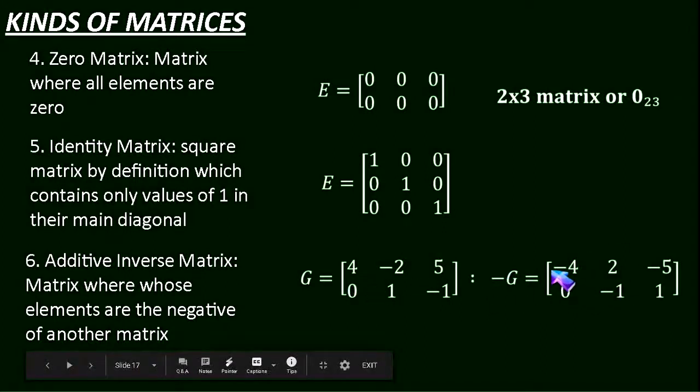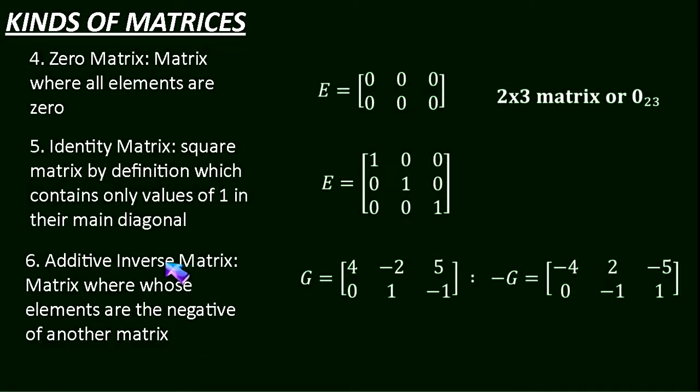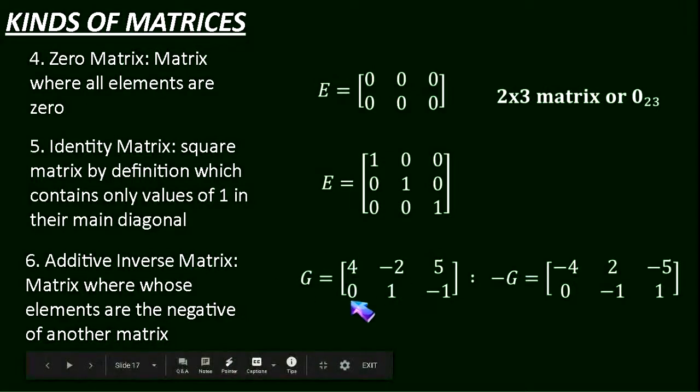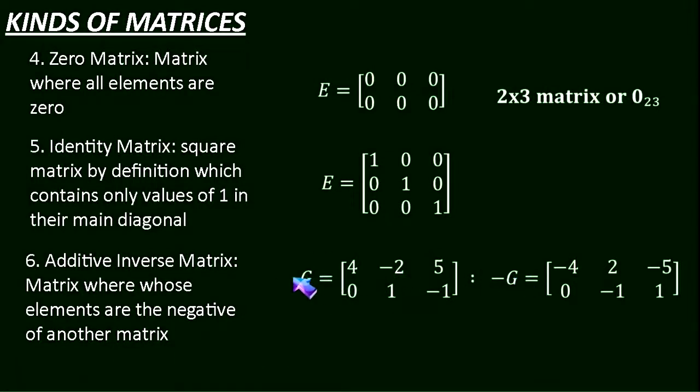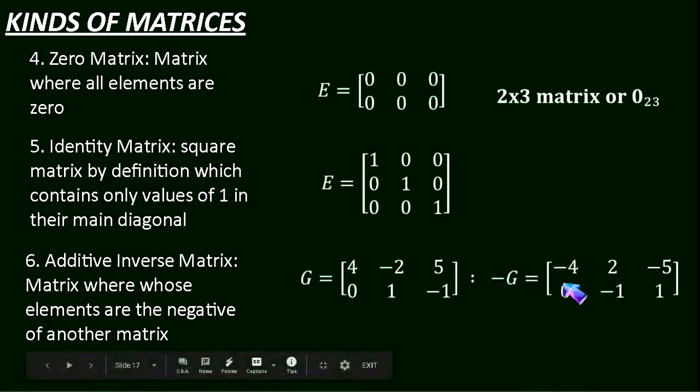So, pag positive yun, naging negative. Yung negative, naging positive. That is the inverse of another matrix, additive inverse matrix yung tawag dyan. Yung kabaliktaran ng matrix. So, pag negative G ito, magiging positive G ito. Ganun. So, that is what we call an additive inverse matrix.